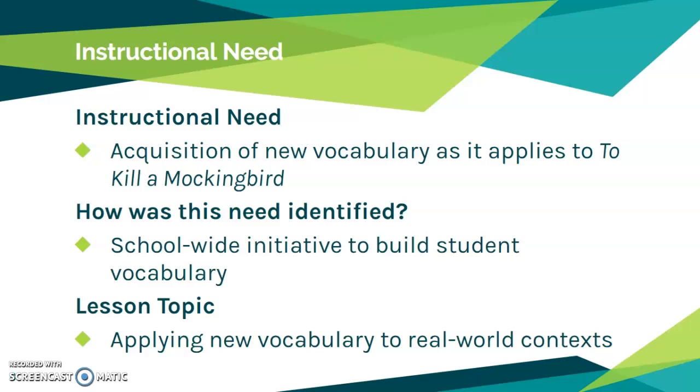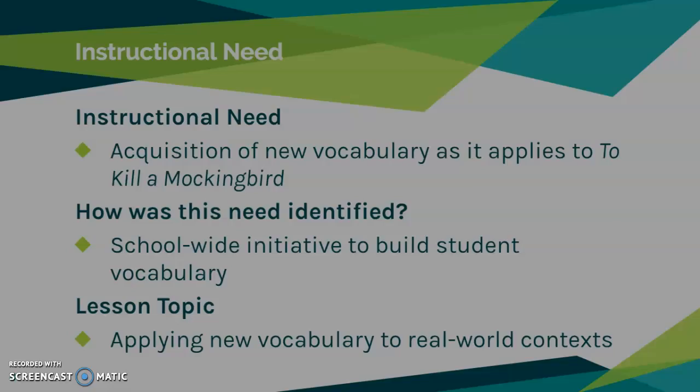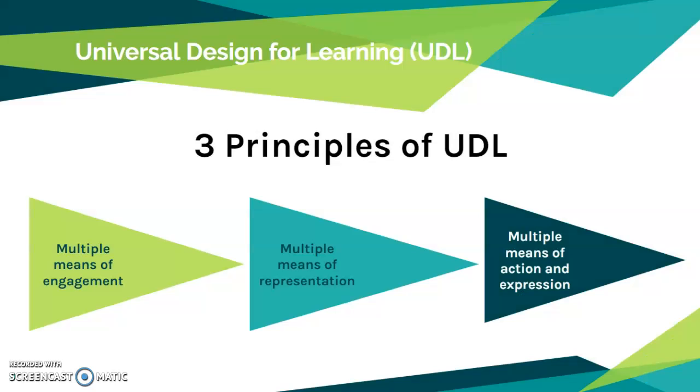And the lesson topic that we're going to be focusing on here is applying new vocabulary to real-world contexts, which we'll talk about, their use of Frayer models, and they're going to be using some social media with that as well to kind of make the connection to the real world and also make it a little bit more engaging.